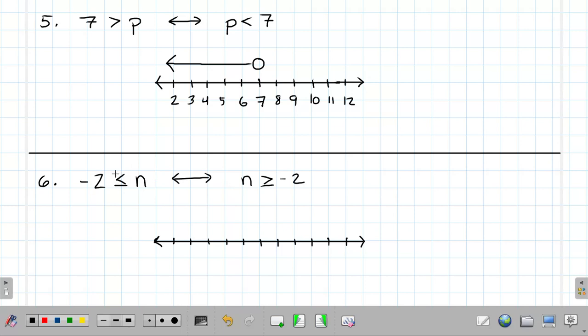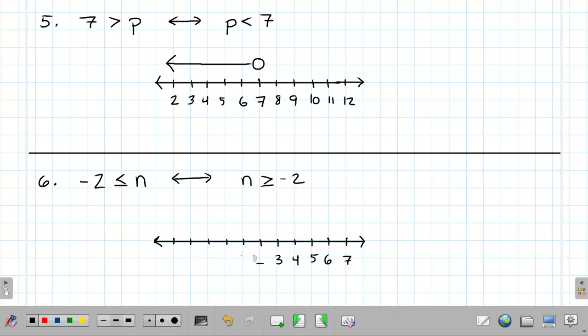Just make sure you understand what this means. Okay, well, we're going to start at 2. So let's do 2, 3, 4, 5, 6, 7, 1, 0, -1, -2, -3, and so on. Well, we're going to start at -2. Oops. See, I about messed up there. I messed up my numbering.